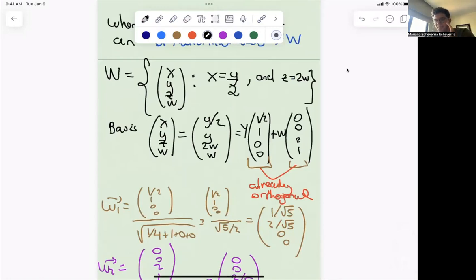It cannot be otherwise, because all these equations are linear, so you cannot have something like x equals y over 2w.